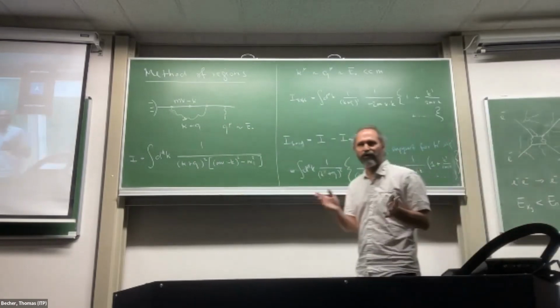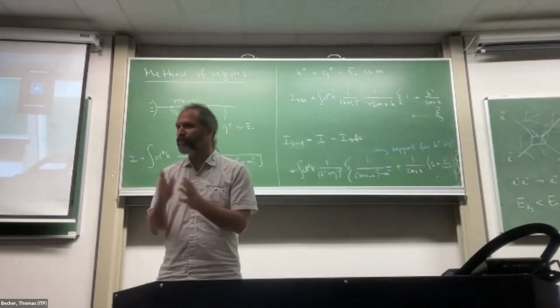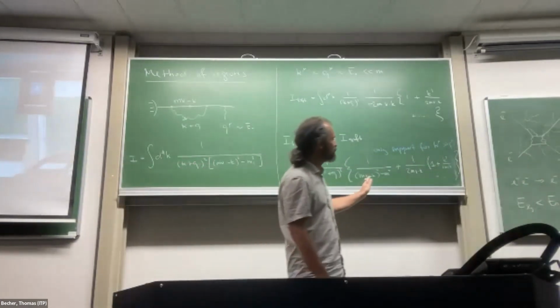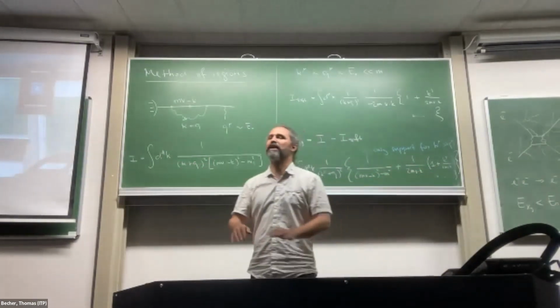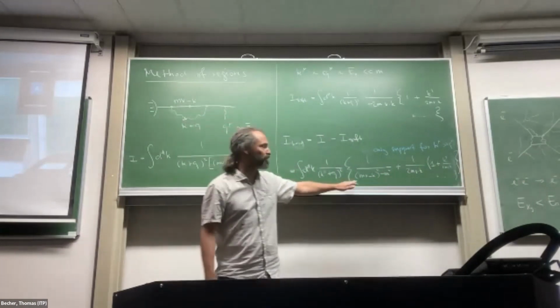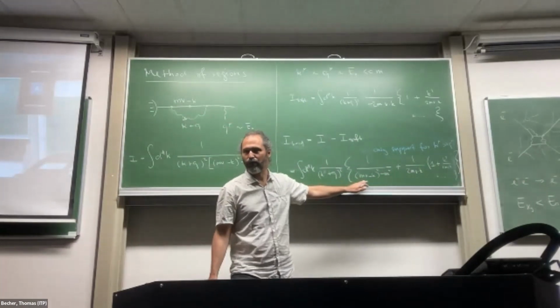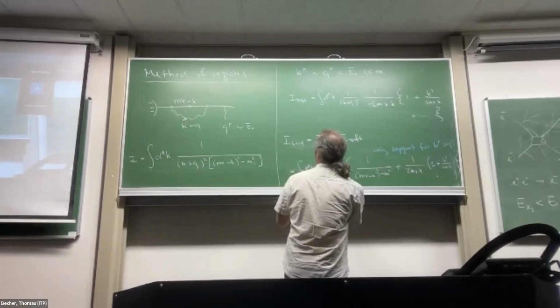Let's say we agree, we compute to second order. Mhm. So then I would stop at second order, but then I would say up to second order, this difference doesn't have any support at low energy.